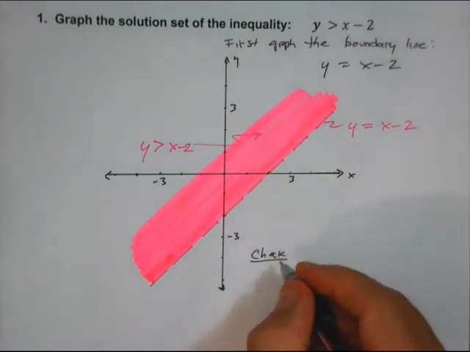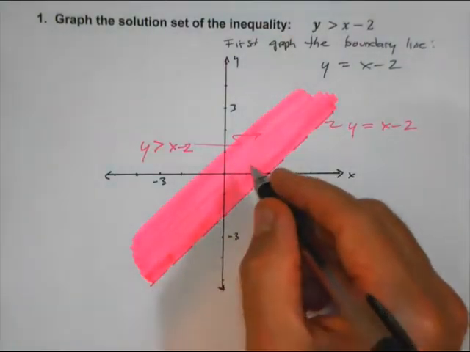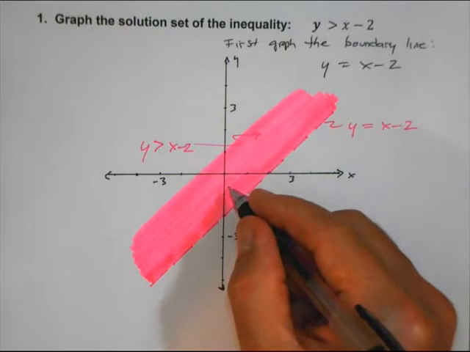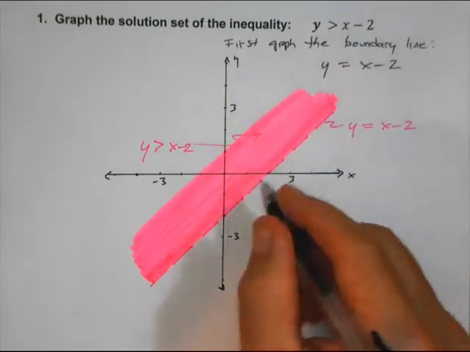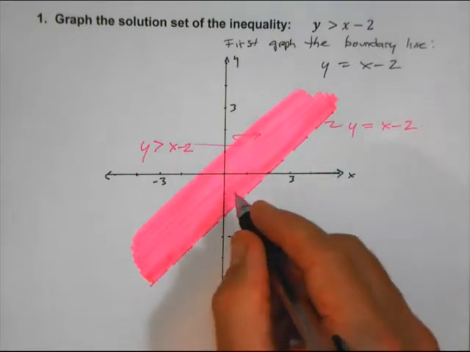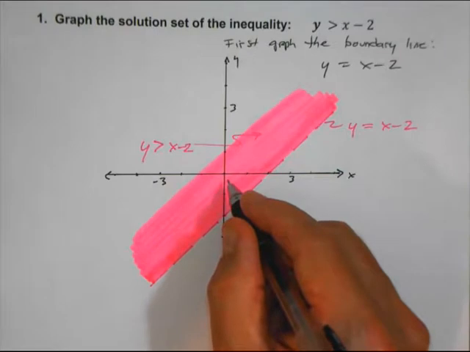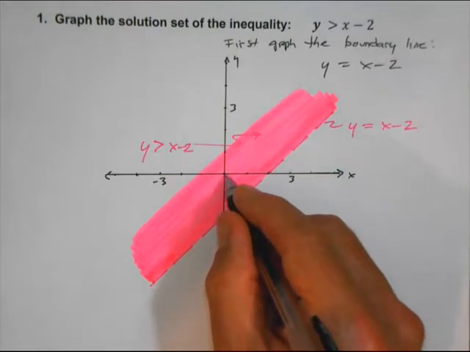What could we do? Well, we've shaded a lot of points here. And by shading them, that means we're claiming they are solutions to the inequality y greater than x minus 2. Why don't we take one of them, and if you're going to select one, probably something with some simple coordinates, like what could be simpler than 0, 0, right?